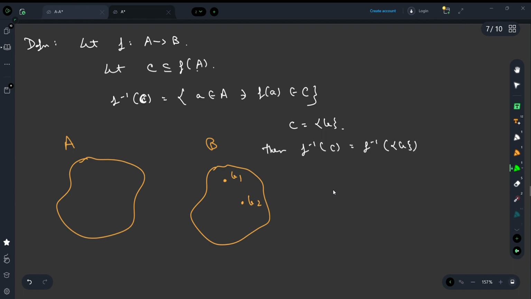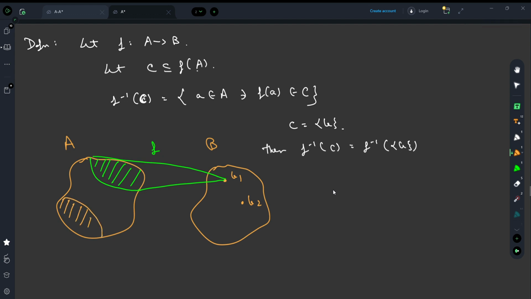Now, suppose this is the set of elements. Every element gets mapped to b1, so we can think of it being projected to b1 under the map. Similarly, suppose this is the collection of all the elements which get mapped to b2, so we can think of the whole set being projected to b2, shrunk down to b2 under the map f. These sets are called the fibers over the elements.